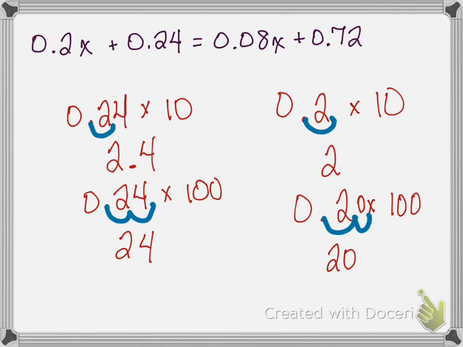So we're talking about that because in this particular problem right here, I want you to realize I've got one decimal space, which is the tenths, and I've got two decimal spaces.